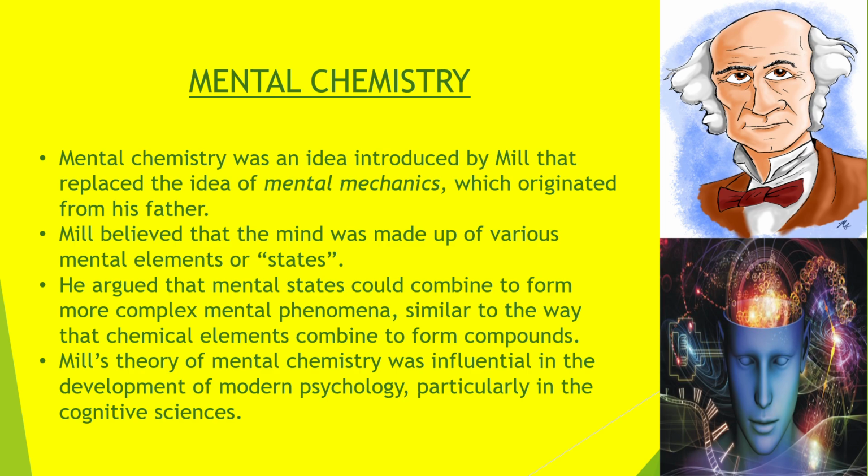Mill believed that the mind was made up of various mental elements or states, and he argued that mental states could combine to form more complex mental phenomena, similar to the way that chemical elements combine to form compounds. Mill's theory of mental chemistry was influential in the development of modern psychology, particularly in the cognitive sciences.